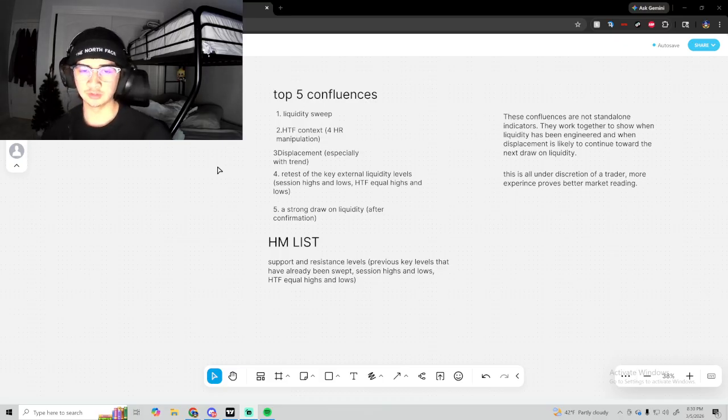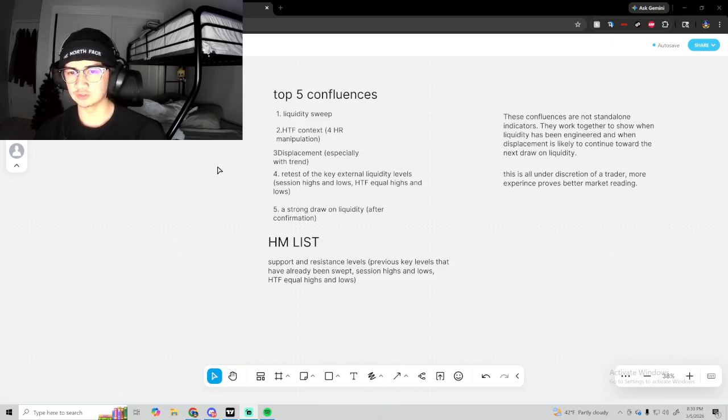On the honorable mention list, I do have one more, but I wouldn't even really put support and resistance levels because they need context behind them to really work, while all of the other confluences are standalone strong.